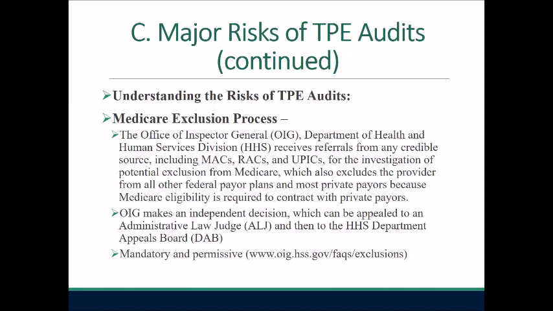The OIG makes an independent decision, and there's an appeal process for that, much shorter than the claims appeal process, thank goodness. You do have a right to an administrative law judge hearing and then to the Departmental Appeals Board.